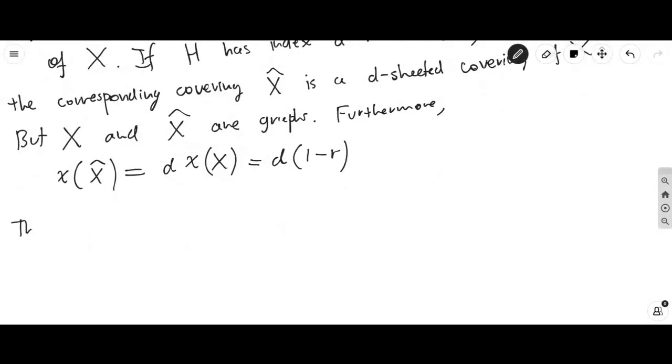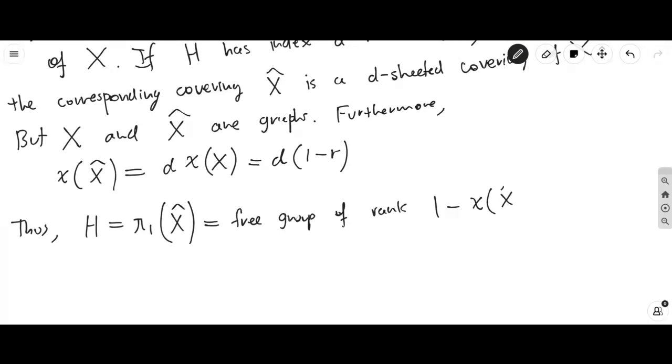Okay, so thus, H is equal to the fundamental group of the covering space, right? Because that's the correspondence theorem, that the subgroup is the one that corresponds to the fundamental group of the covering. But how do you find the fundamental group of the covering? This is a graph.